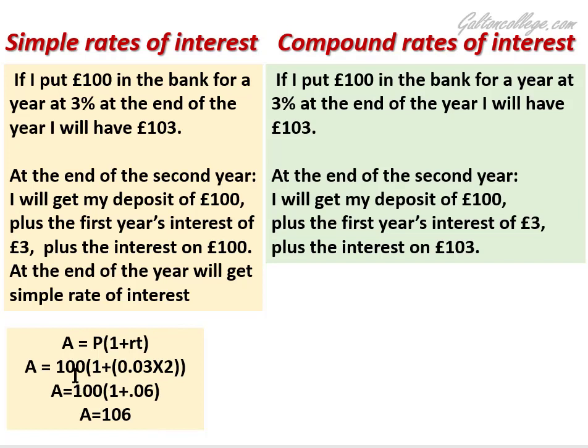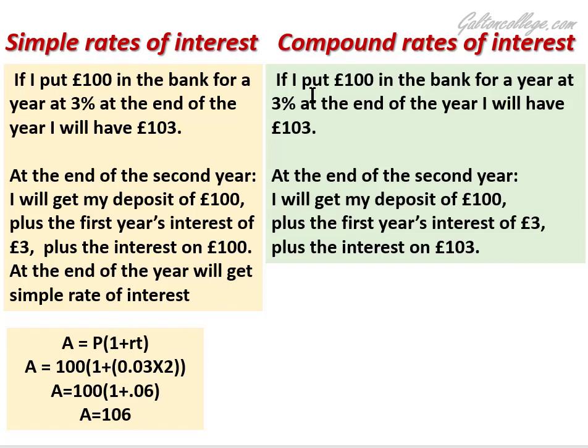So working this one out, we've got the principal, which is 100. It's 3% for 2 years. So multiply that and add it to the 1, we get 1.06. Multiply it by 100, we get 6. We get £6 interest. We get an amount at the end of 106. So we get 3% on the first year, so it gives us 103, and we get 3% on the second, which is another 3, and add the two together, we get 106.